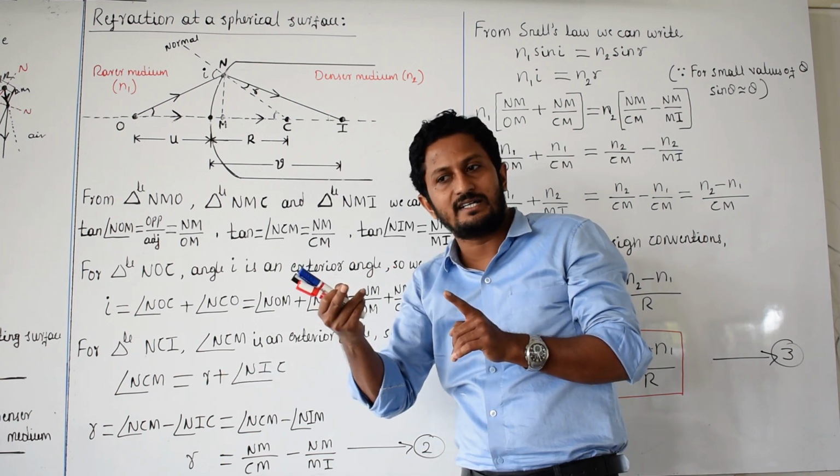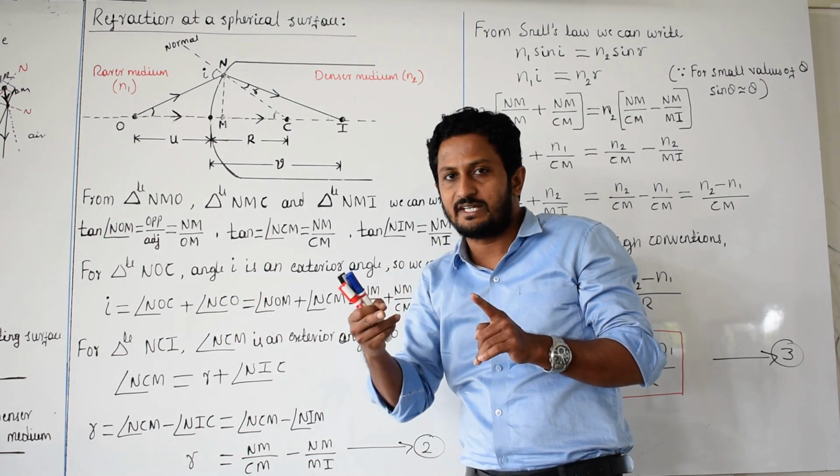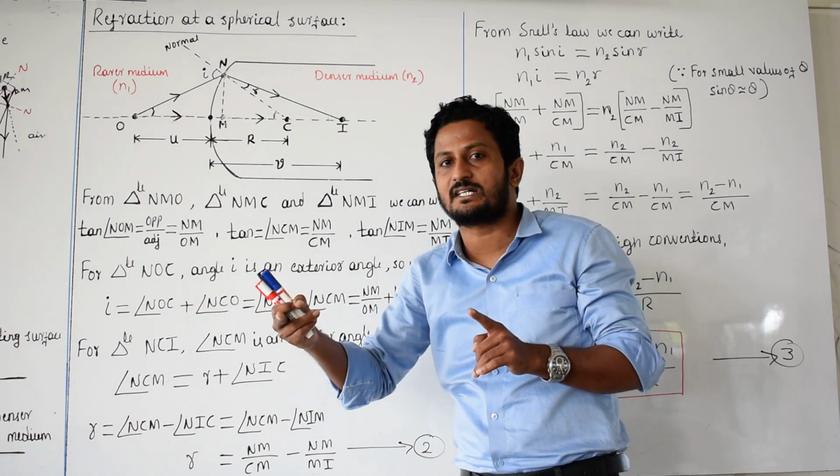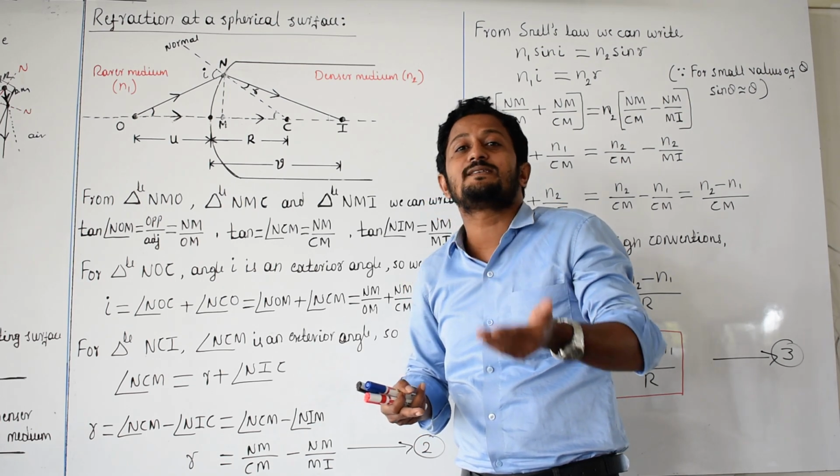Tan of theta is nearly equal to theta, and sine of theta is nearly equal to theta, when theta is very small.